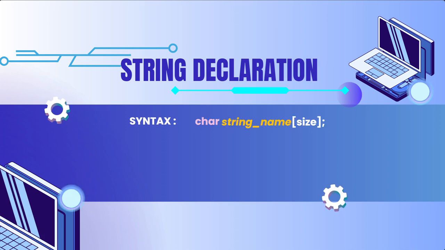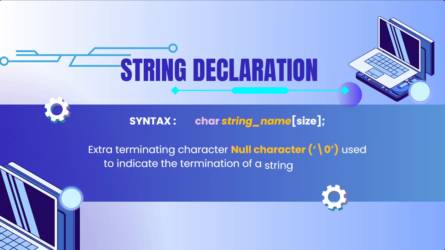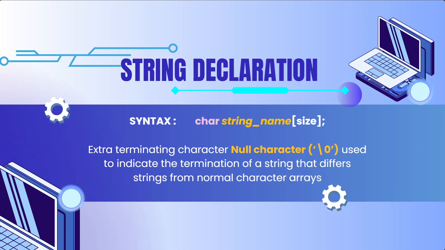we have string declaration. Since we just learned that it is a character array, the data type is mandatorily char. Then we have the string name, and then the size. It is the same as a character array.